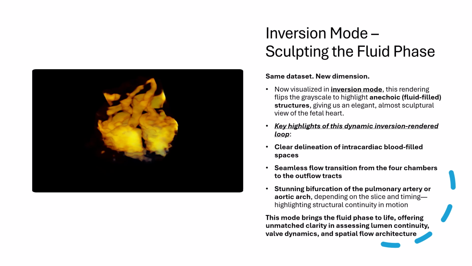This view isn't just elegant, it's clinically powerful. It enhances our ability to assess lumen continuity, valve motion, and even the spatial relationships of flow pathways with clarity that's hard to achieve in standard grayscale or surface renders. Inversion mode takes what we know and makes it visceral, bringing the physiology to life in every frame.